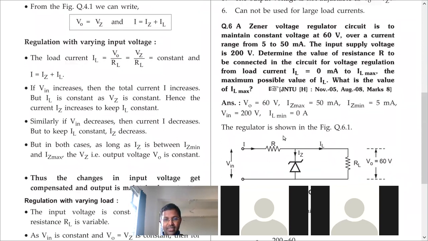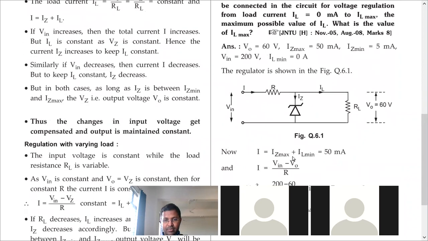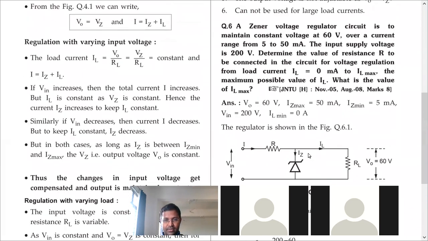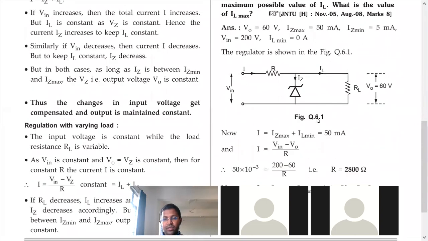Formula Iz max plus IL min we can use. Iz max plus IL min, 50 plus 0 is 50 milliampere. So I we got, V in is given, V naught is given.